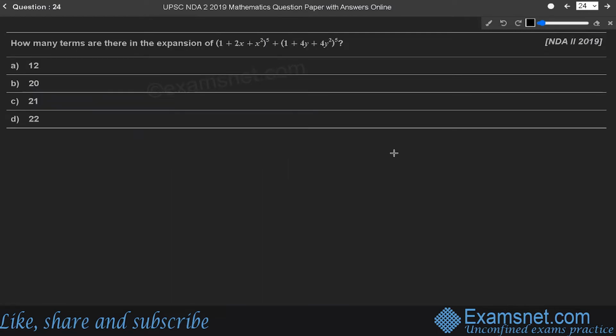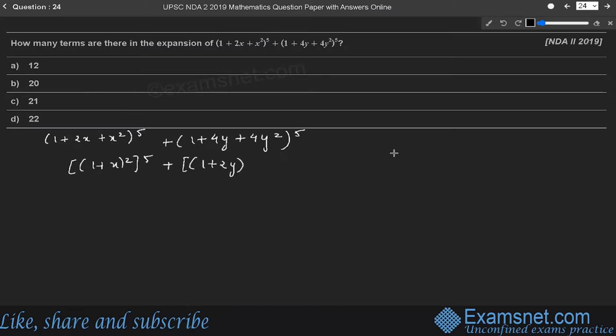Next question is, how many terms are there in the expansion of (1 plus 2x plus x square) whole power 5 plus (1 plus 4y plus 4y square) whole power 5. This expansion can also be written as (1 plus x) whole square whole power 5 plus (1 plus 2y) whole square whole power 5.